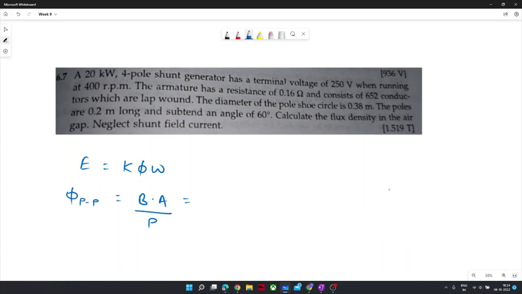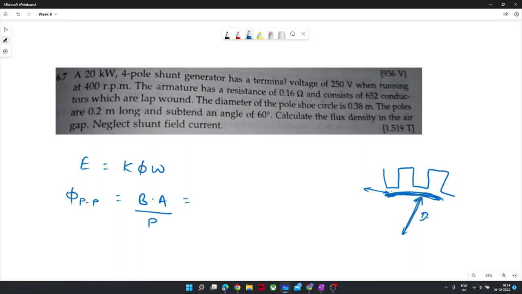Now the area would be, let's say this is rotor and this is stator. So this area would be the component. We take one axial component and we take this radial component. So for one pole pitch, this circumference and this length will correspond to our area.